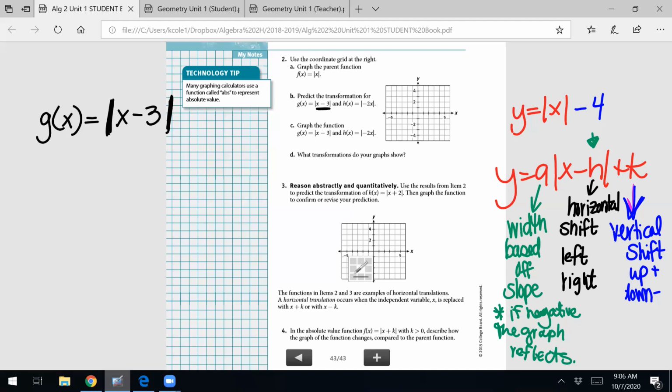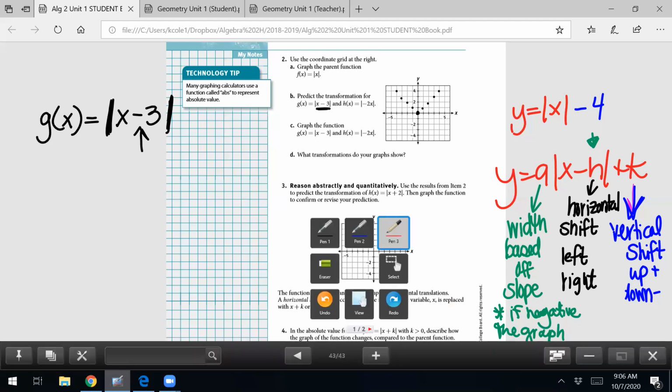So if you've got a minus sign right there, you're actually going to go to the right. So originally we were at the origin, right? Our parent function's here at the origin. That's our parent function. So if we had a piece of paper and could physically move it, we are shifting it to the right 3 units.